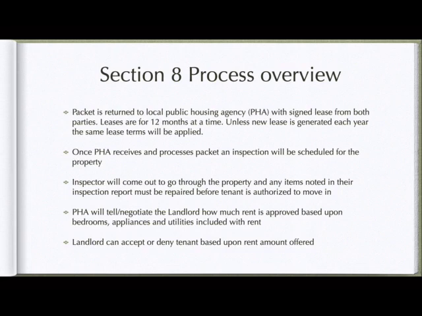When it comes to how Section 8 governs rent, it goes back to how many bedrooms you have, what utilities, if any, you're including with the rent, and amenities. Does it have the obvious stove and refrigerator, but does it have a dishwasher, does it have a microwave, are you including electric, are all utilities included? Obviously, depending upon some of those answers, Section 8 can pay more for the rent than if they were not included.